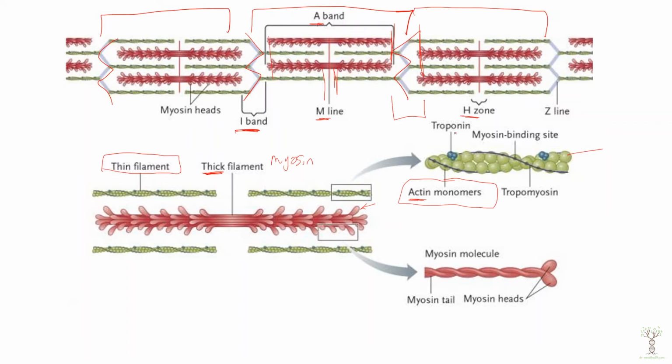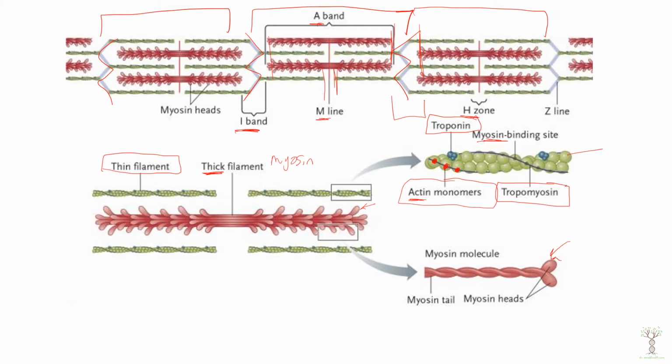Now, the regulatory proteins are called troponin and tropomyosin. These don't themselves contract, but they play a role in regulating contraction. The actin has myosin binding sites, these very specific spots on the actin where the myosin head is going to bind.